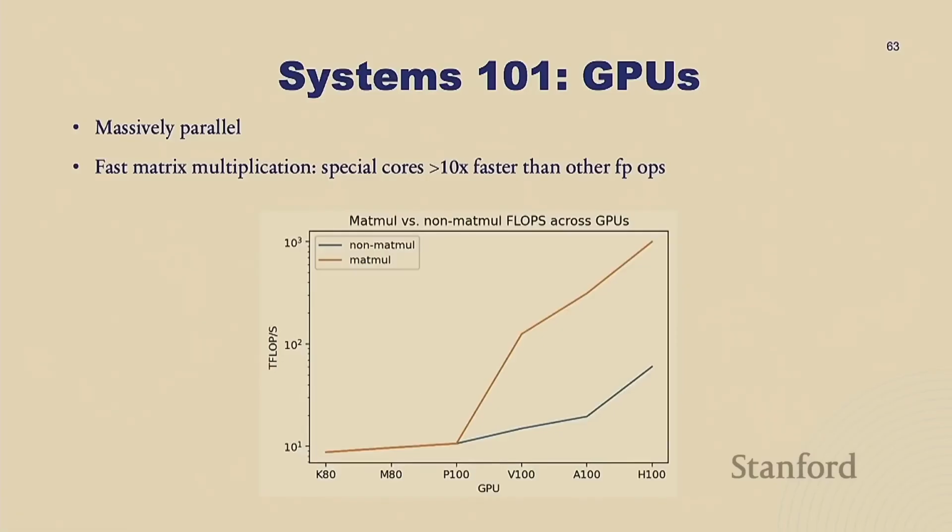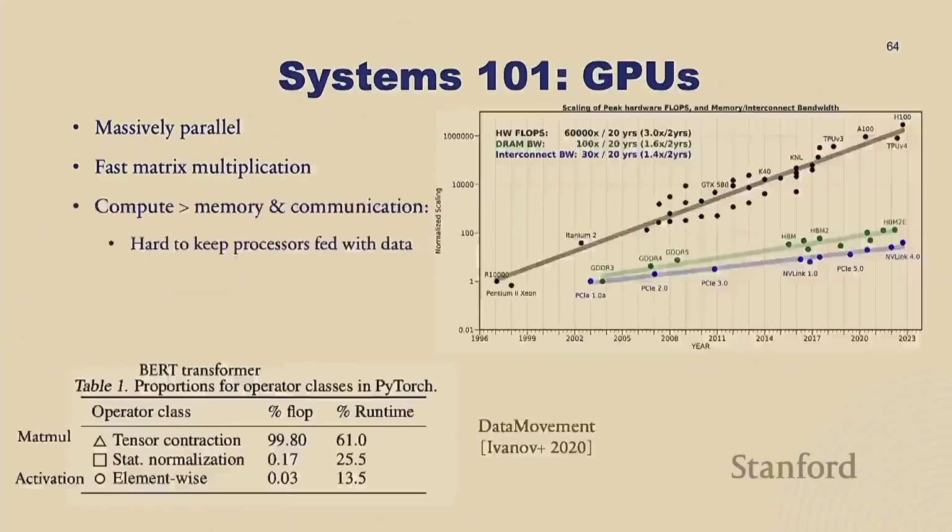GPUs are optimized for fast matrix multiplication. Every time you do something on a GPU, if you can do it with a matrix multiplication, it's going to be 10 times faster than with anything else. That is a little annoying, because it means we are bottlenecked to doing everything with matrix multiplications. Another thing to note is that compute has been improving faster than memory and communication.